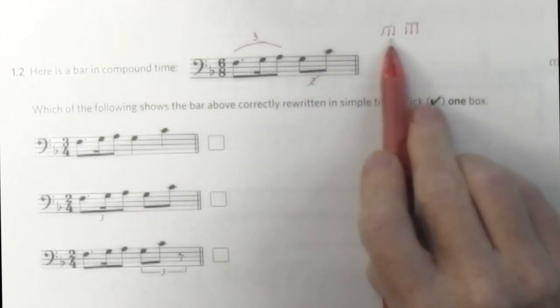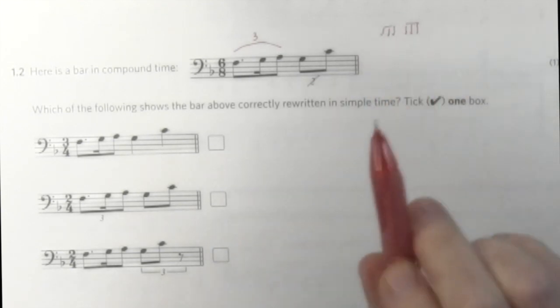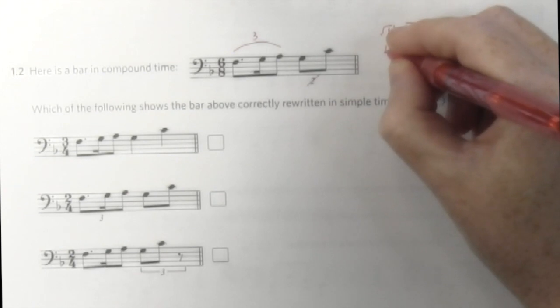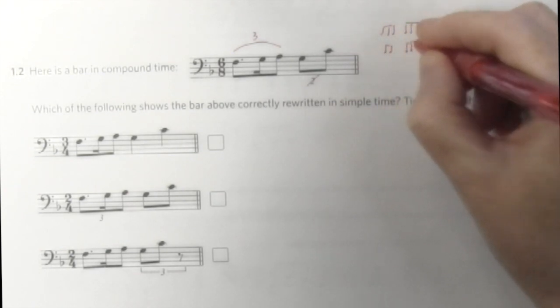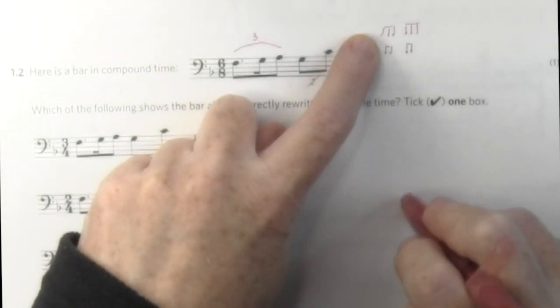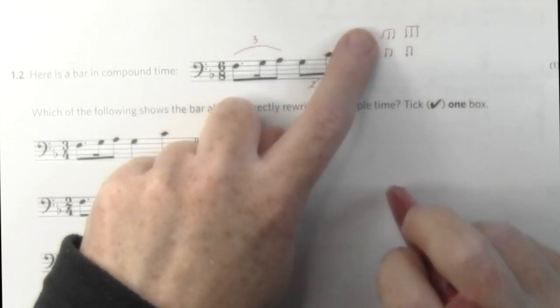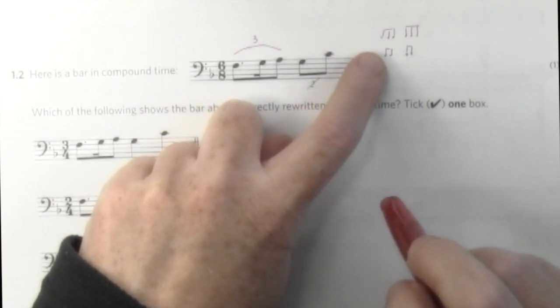So 2 groups of things, 1 and 2 and this becomes 1 and 2 and. So we do 1, 2, 1 and 2 and.